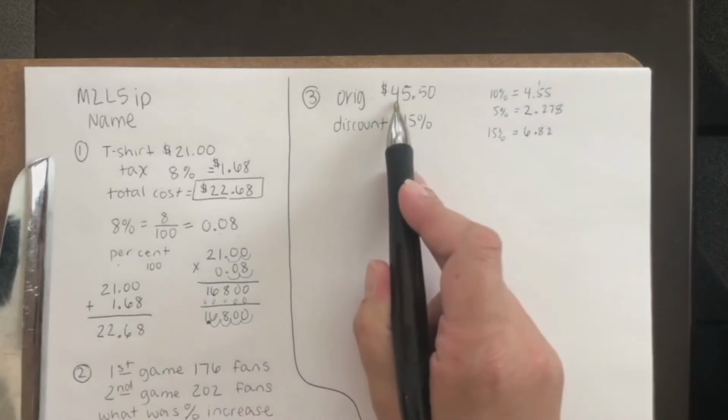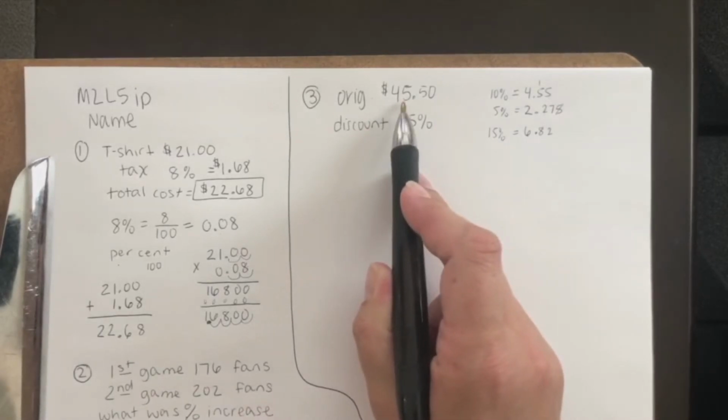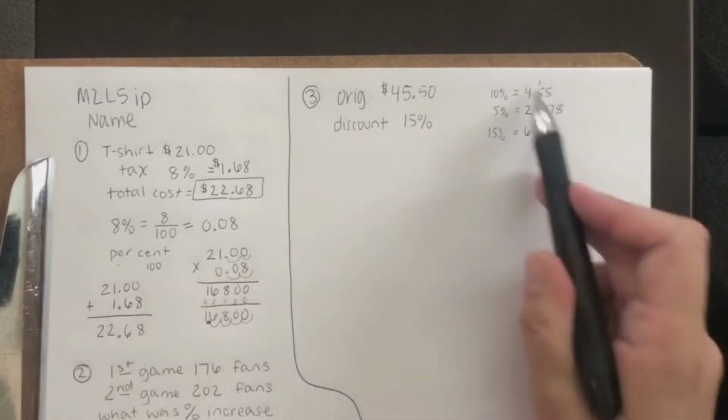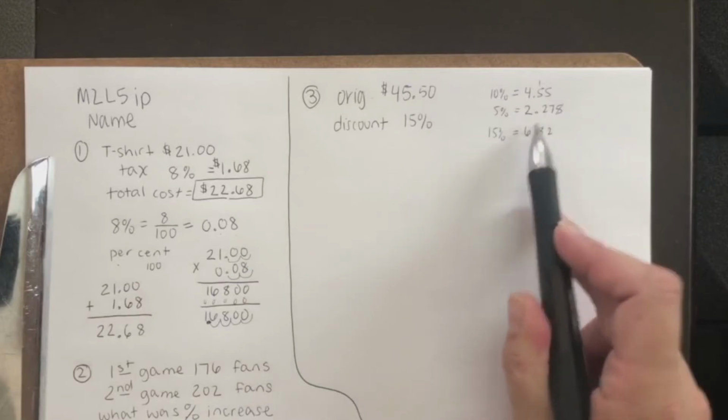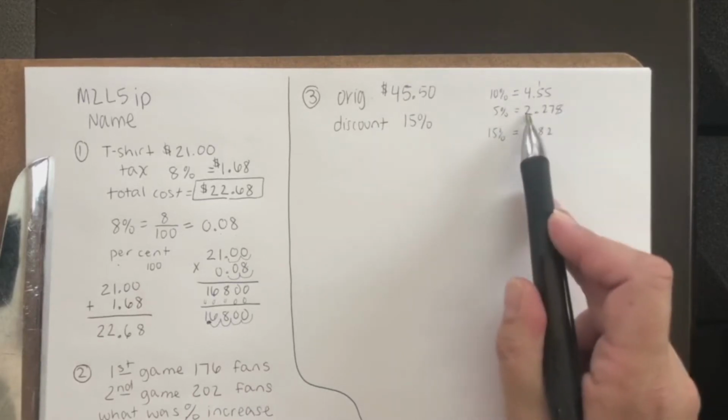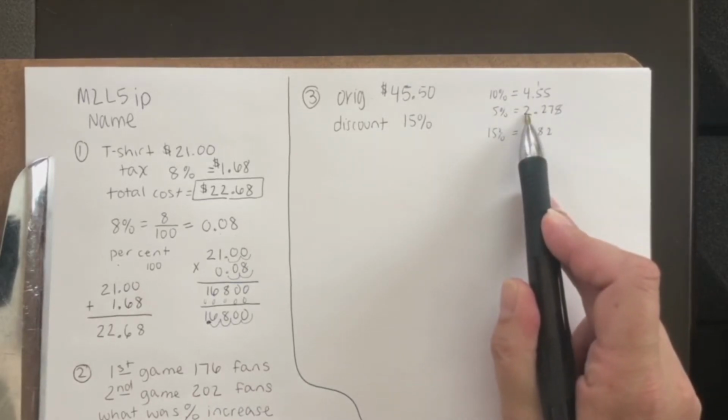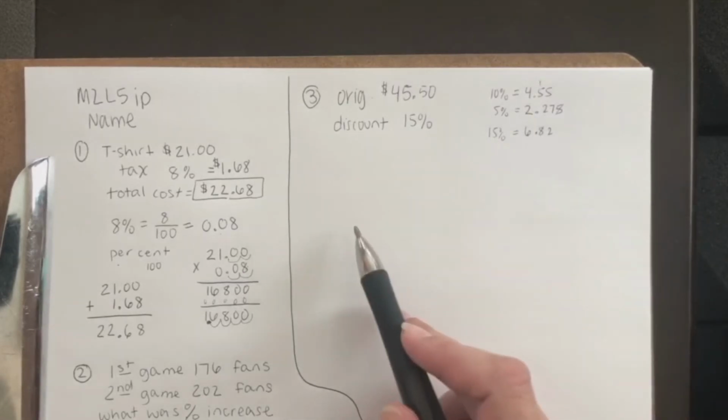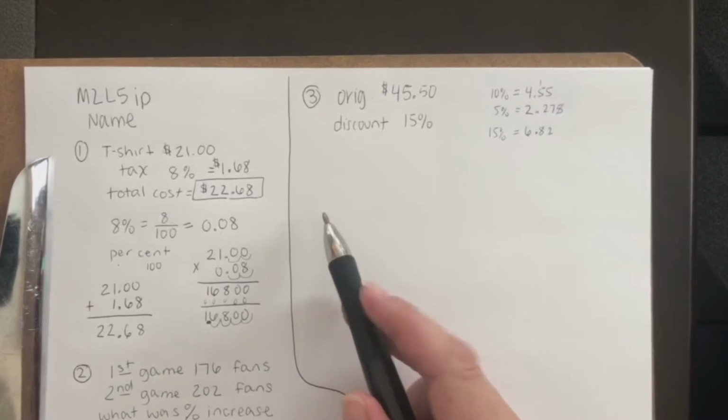So it'll be about $38, around there. And you can kind of do this in your head, especially if you rounded this to just $4.50 and that to $2 or $2.25. And then you could take that off of the sale price in your head.